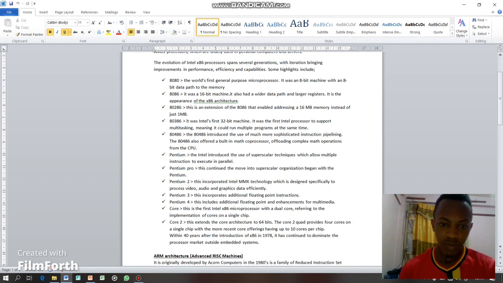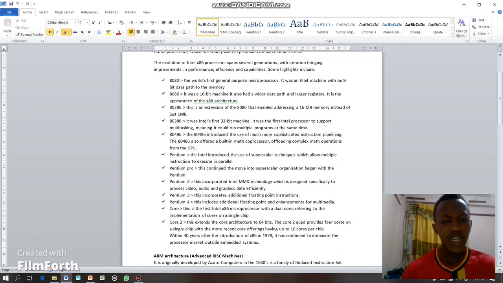After the Pentium Pro, there was the introduction of the Pentium 2, which incorporated the Intel MMX technology, which was designed specifically to process video, audio, and graphics data efficiently.